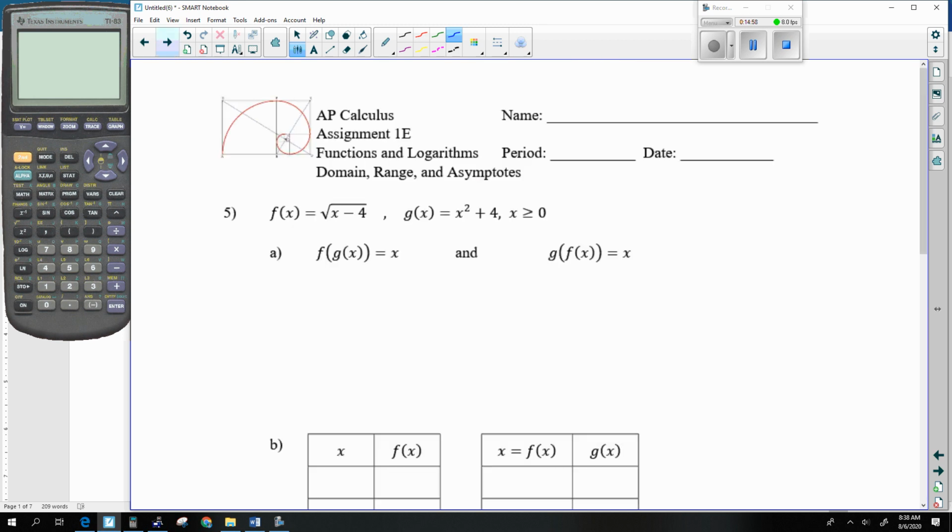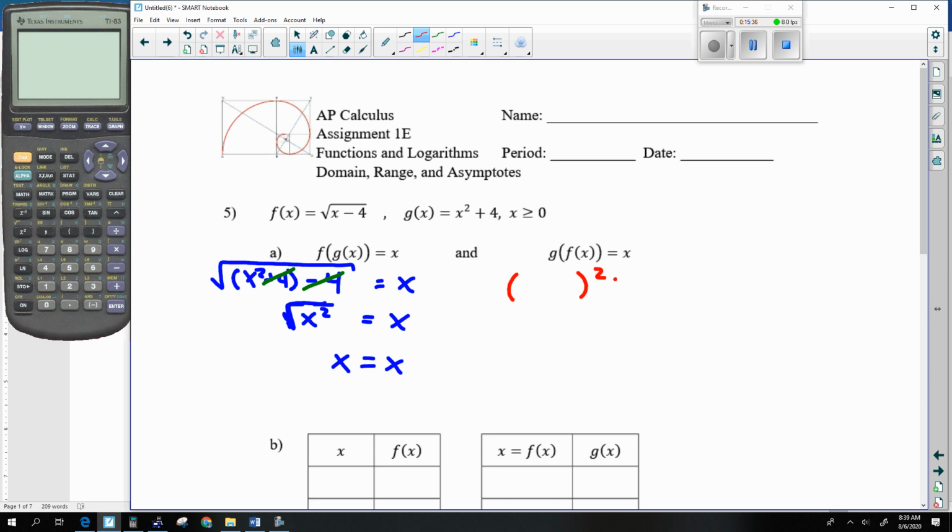Okay, continuing on. f is square root of x minus 4, okay, and what I'm putting in is the g, so that's x squared plus 4, so 4 minus 4, and then square root square, ta-da. g is x squared plus 4.